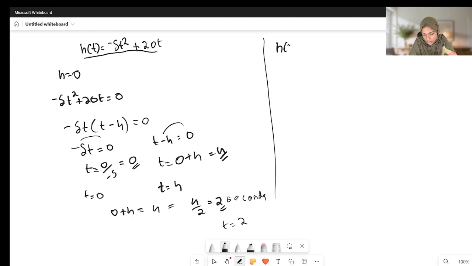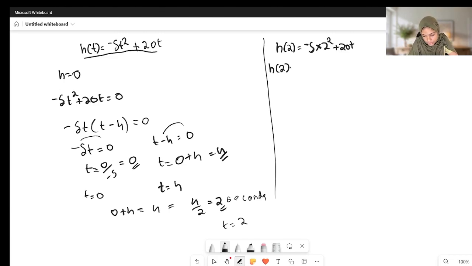So h(2) is equal to minus 5 into 2 square plus 20t. So we just substituted 2 into the t, and now we can complete this.